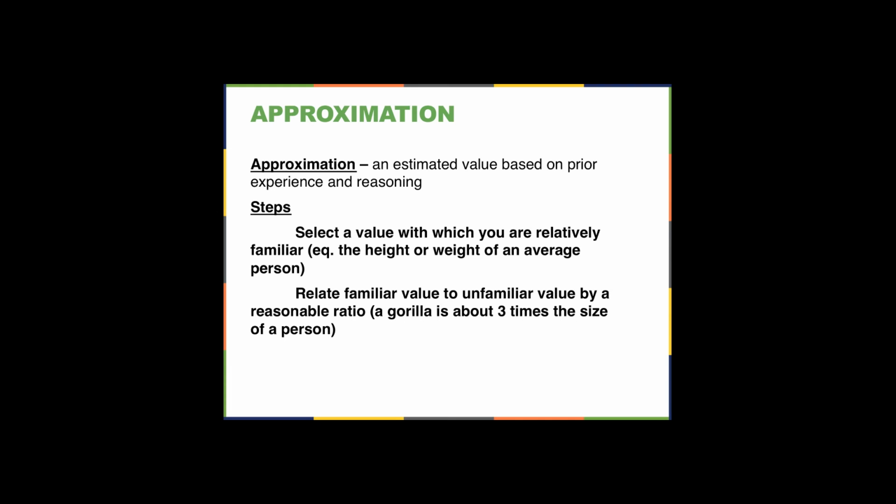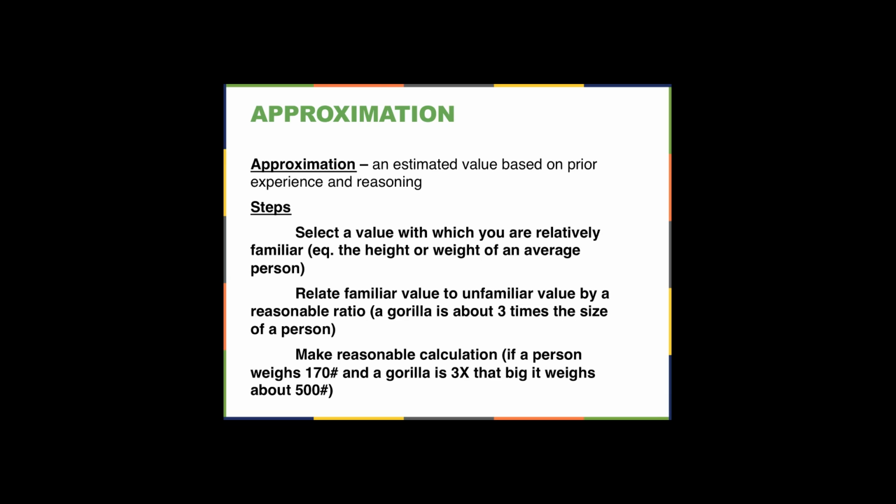For example, if you're trying to estimate the weight of a gorilla, you would say that a gorilla is about 3 times as big as a person. People weigh about 170 pounds, so that gorilla must weigh about 500 pounds. So that's how we do approximations.